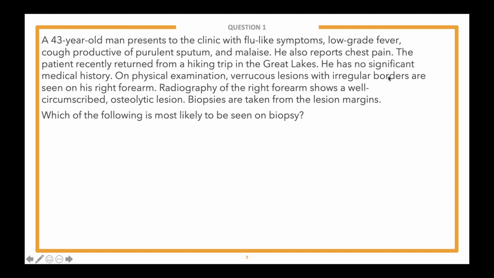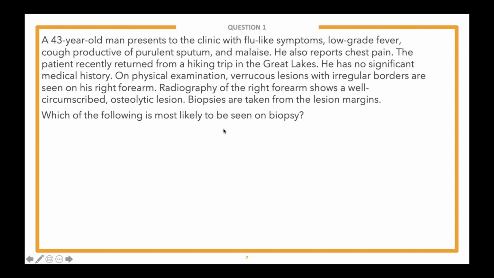An example of a one-step question could be when they ask you for the diagnosis. An example of a two-step question could be where they ask you what is the treatment for a diagnosis? And an example of a three-step question is when they ask you what is the mechanism of action for a treatment for a diagnosis. So with that in mind, we'll move on now and read the vignette.